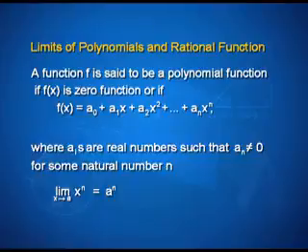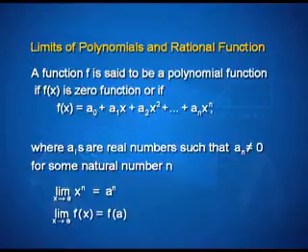Limit of x to the power n as x tends to a is equal to a to the power n, that is, limit of f of x as x tends to a is equal to f of a.